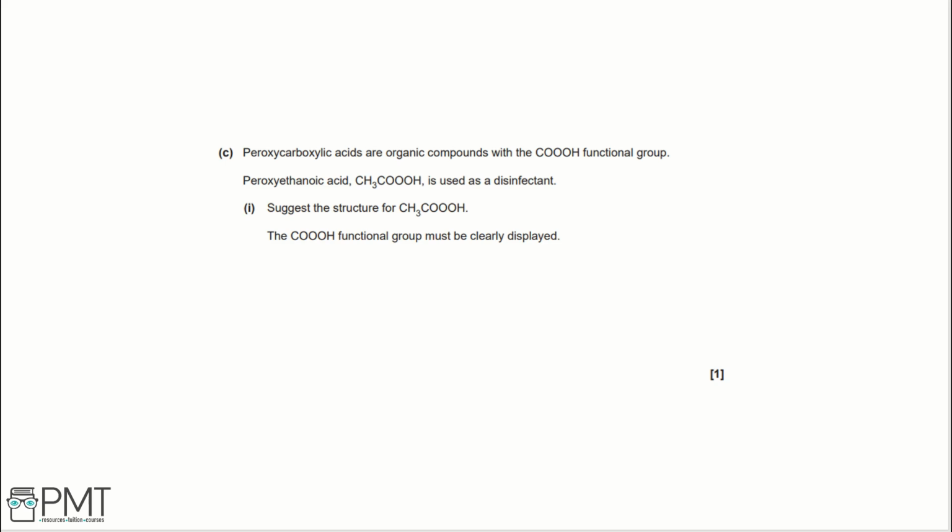So, the compound that we're drawing will roughly represent a carboxylic acid. And a carboxylic acid, when we draw it out, displayed, it looks like this. So when we're drawing a peroxycarboxylic acid or peroxyethanoic acid, we can have the CH3 group. We don't need to draw that all out because they're only asking for the functional group.